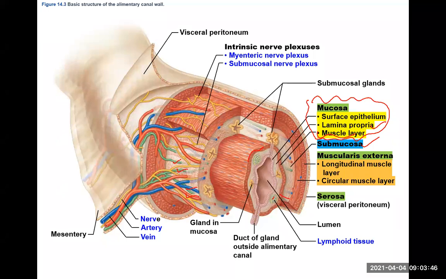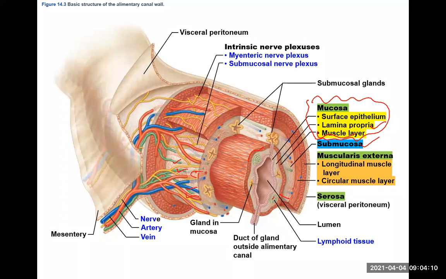The submucosa layer. It is made up of connective tissue. Other than that, you will also find the lymphoid follicles. Remember the mucosa associated lymphoid tissue? That also can be found in the submucosa layer.